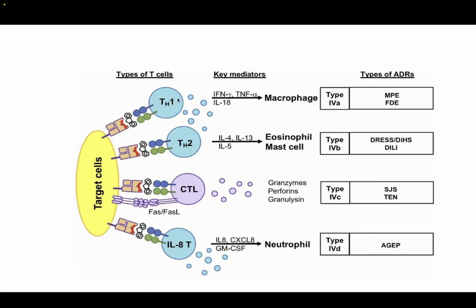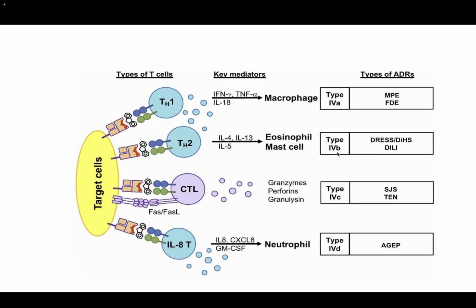What is the difference? The main difference is the type of the T cell activated. In type 4A, the main T cell activated is T helper 1. And the T helper 1 cell key mediators are interferon gamma, TNF alpha, interleukin 18, and macrophage activation.